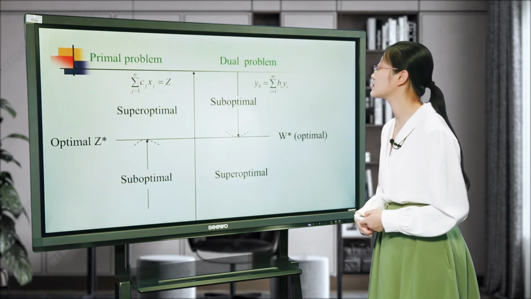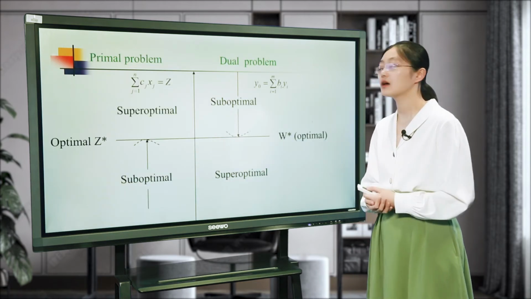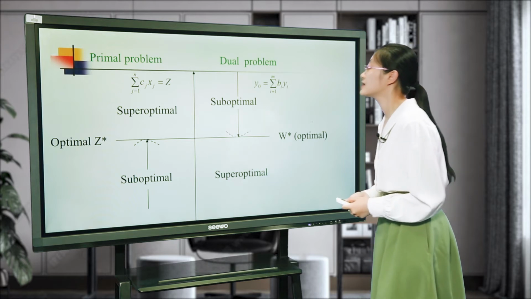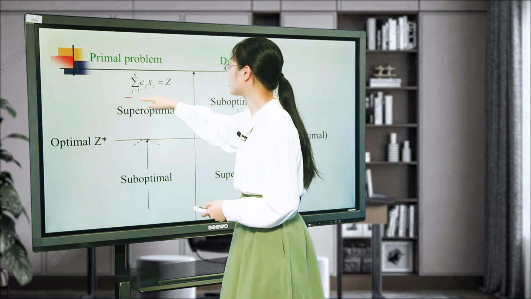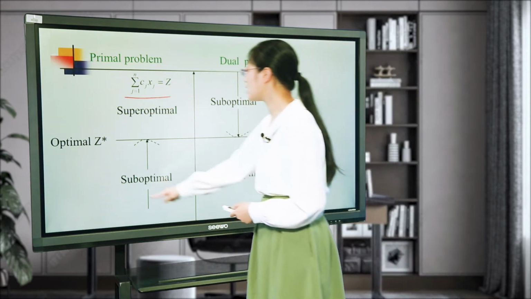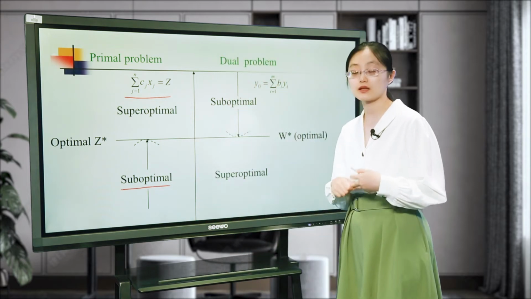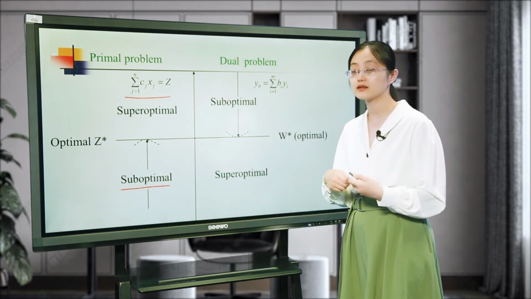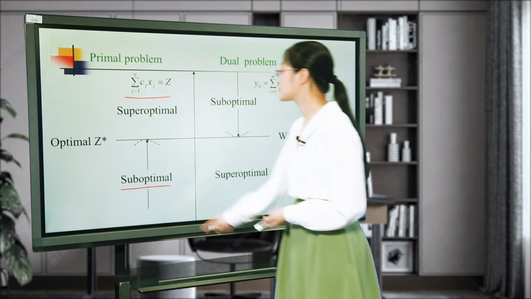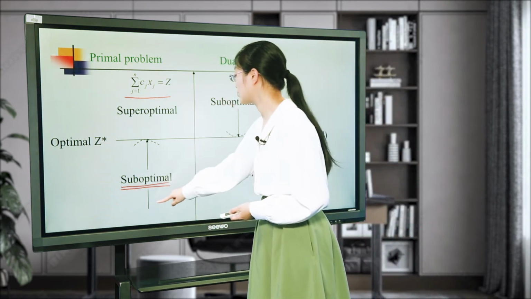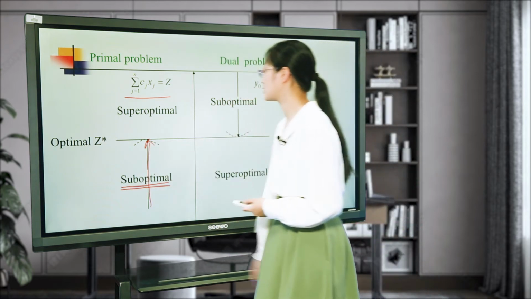From these relations, we can see what the simplex method does: given a primal problem, we start from a suboptimal solution that is feasible but does not satisfy the optimality conditions, and then approach the optimal solution.